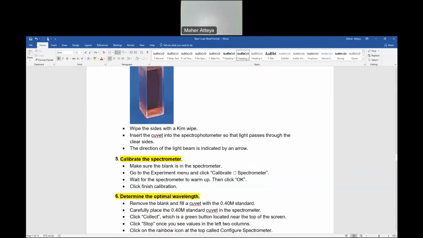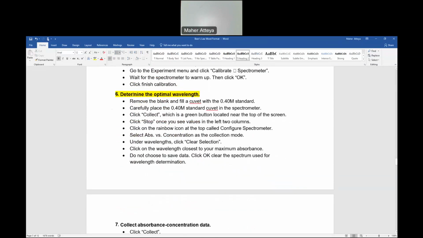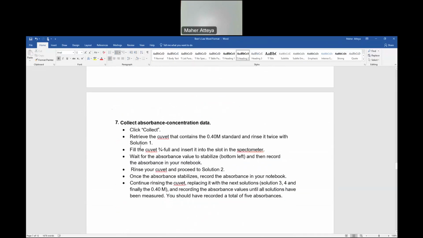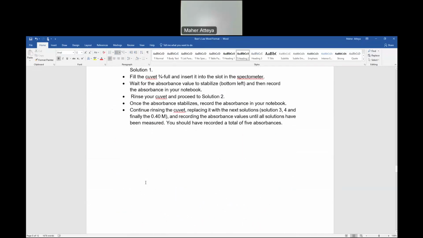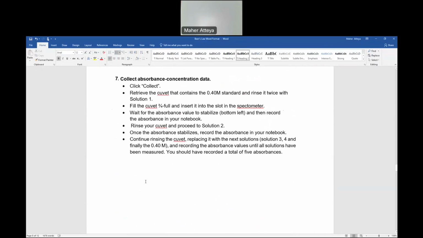So 4, 5, 6, you determine the optimal wavelength. 7, you start collecting, correct? Start collecting this, and you'll have your piece of paper, scratch paper, just in case the computer shuts down on you or whatever. Data is not safe. Always have a backup plan by hand.